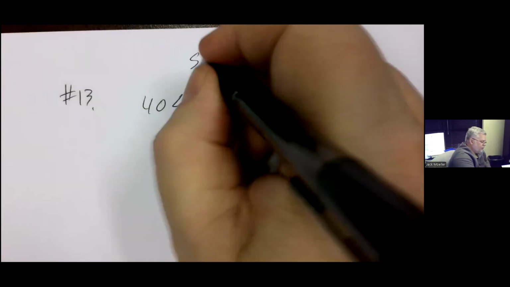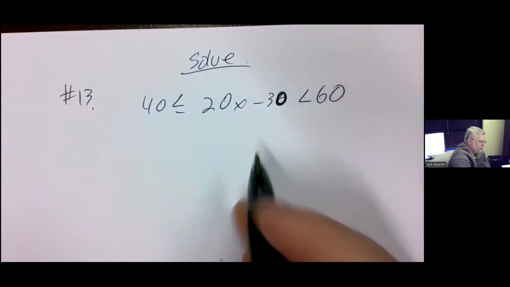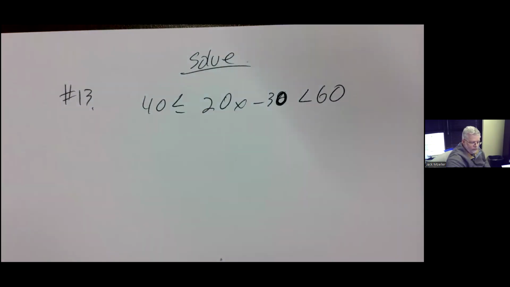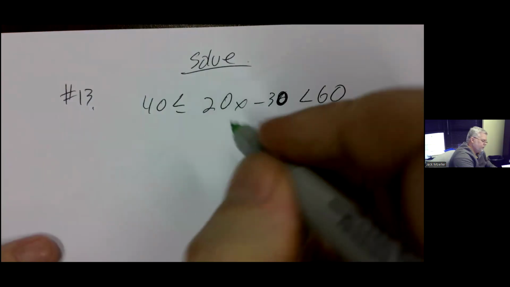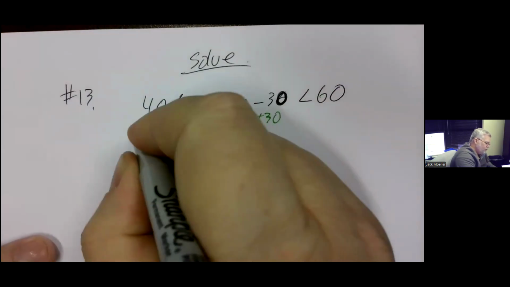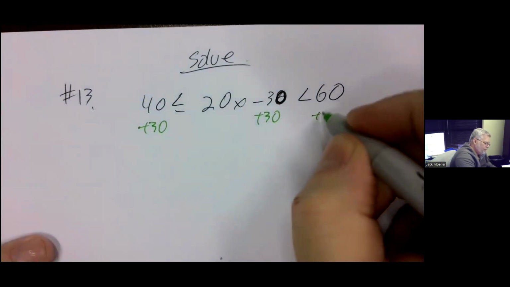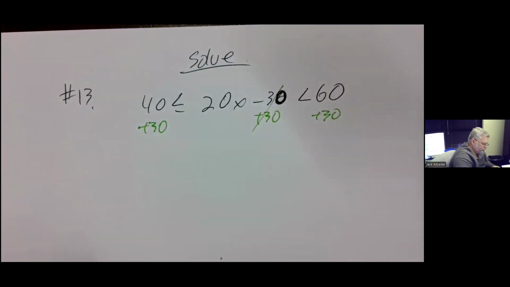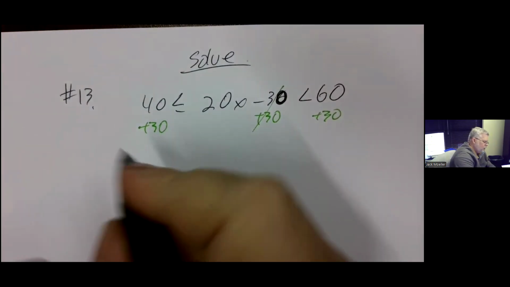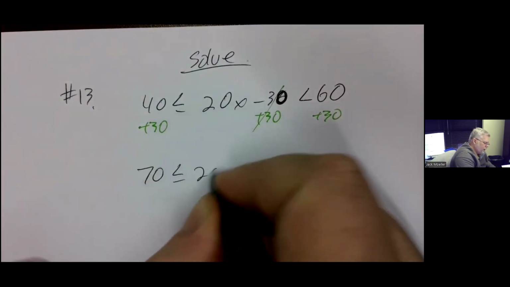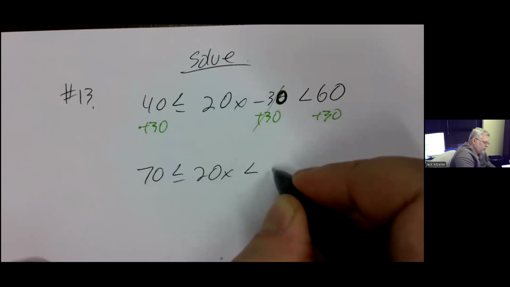All right, so we're trying to solve this. We're trying to get x in the middle by itself. So first thing we're going to do is add 30 to all three sides. Left, right, and middle. 70 is less than or equal to 20x. It's less than 90.